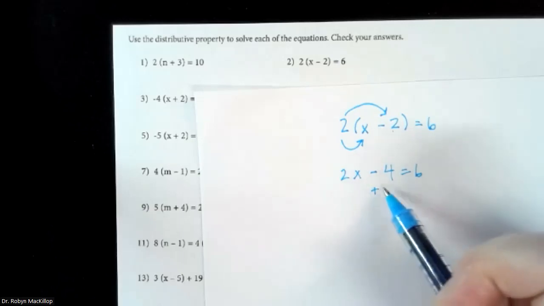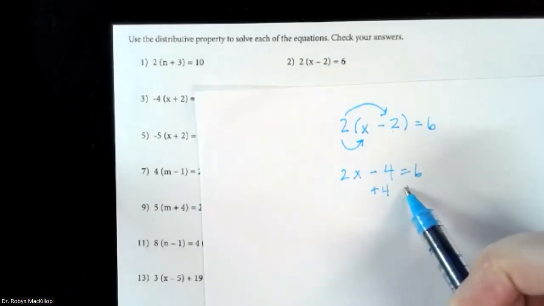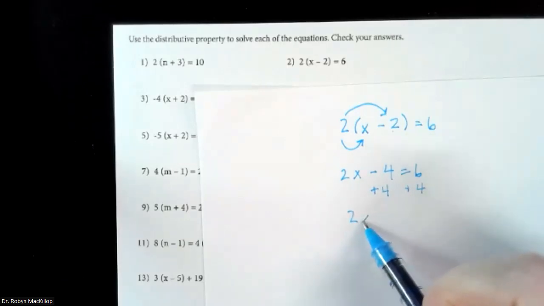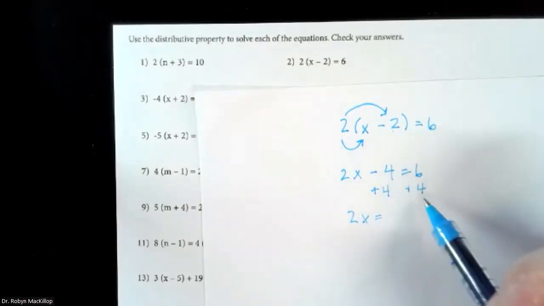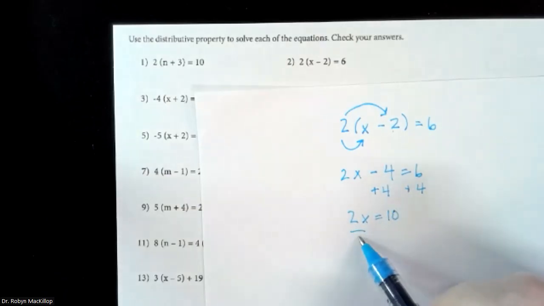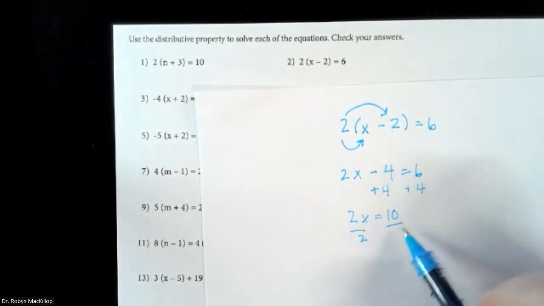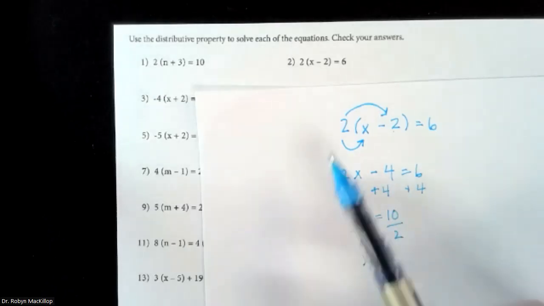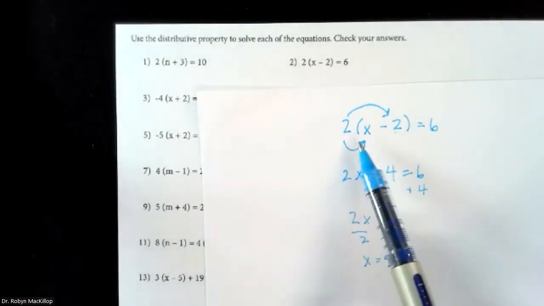Get rid of the extra 4. Bring down your 2x. 6 plus 4 is 10. And then you have to get rid of that 2, separate it from the x. And you've got x equals 10 divided by 2, which is 5. So that is all the distributive property is doing.